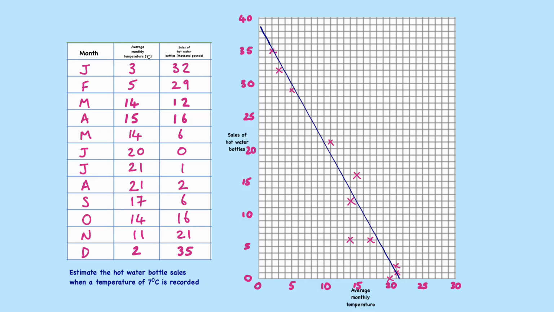So we go to 7 degrees C on the horizontal axis, which is here. We draw a line up to where it hits the line of best fit. Then we go across and we write down that value there. And we can see it's just above 26, but they want an estimate, so we'll give the answer as £26,000.